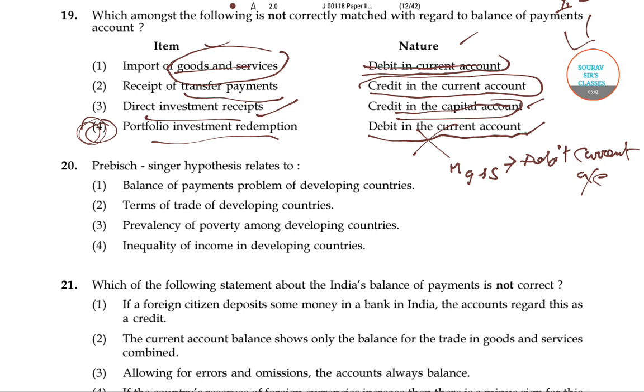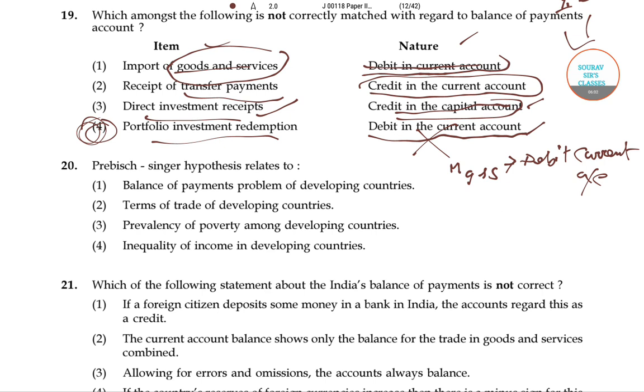So in this case, it basically argues that the price of primary commodities declines relative to the price of manufacturing goods over the long term. What is his hypothesis?